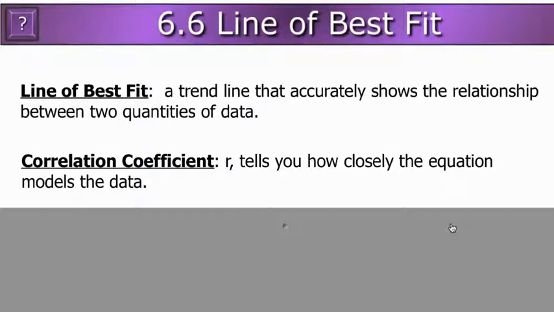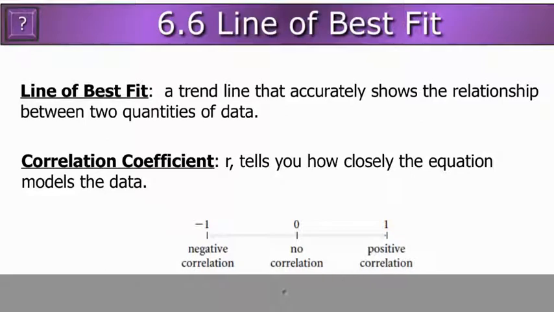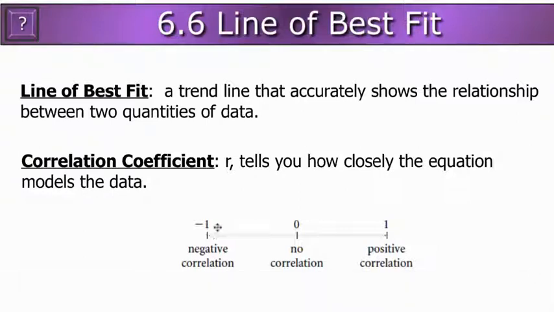The correlation coefficient is going to be denoted by the letter R. It's going to tell you how closely the equation models the data. If your correlation coefficient is in the negatives, in this region right here, between 0 and -1, it's going to have a negative correlation.